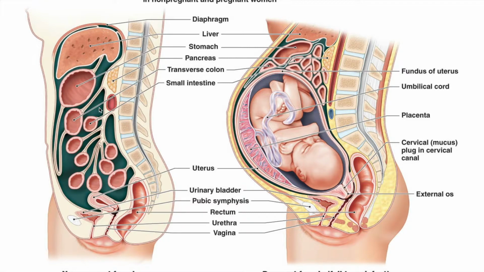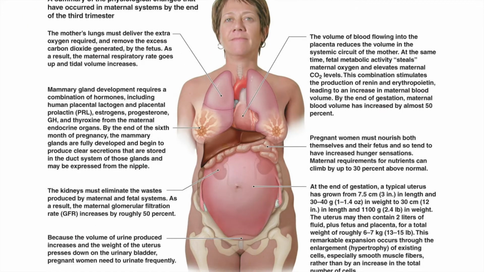So let's look at some of the physiological changes in a pregnant woman. The respiratory rate and the tidal volume are going to increase because the mother needs to get oxygen and get rid of carbon dioxide, not only for herself but also for the developing baby.